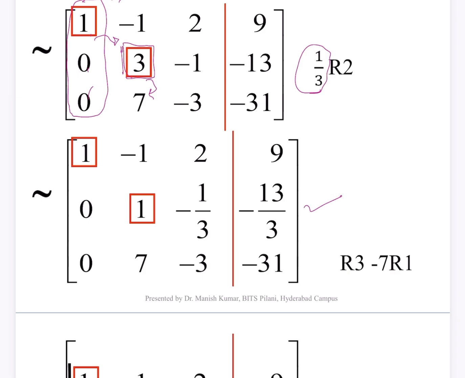And then subtract 7 times R1 to get this element as 0. Okay. So in the Gauss-Jordan method, first we do triangularization, and then we start from the rightmost column of the augmented matrix after triangularization, and then we keep making zeros above the pivot entries. Okay.